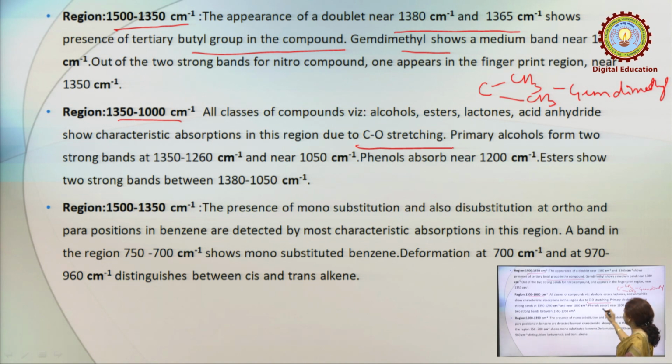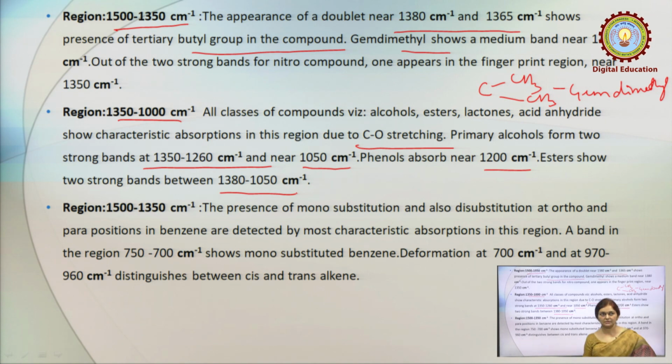Primary alcohols form two strong bands near 1260 cm⁻¹ and near 1050 cm⁻¹. Phenol absorbs near 1200 cm⁻¹. Esters show two strong bands between 1300 and 1050 cm⁻¹.